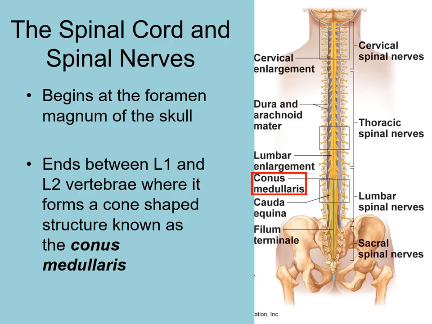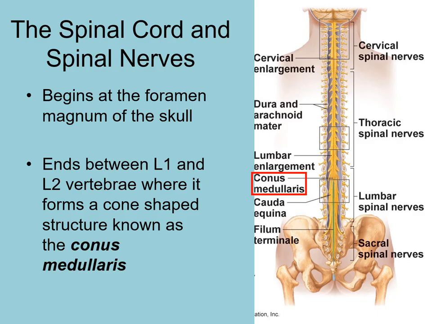The spinal cord is going to connect to the medulla oblongata. It begins obviously up here. It's going to pass through the foramen magnum that allows the spinal cord to attach to the brain. So that's how it passes through the skull.